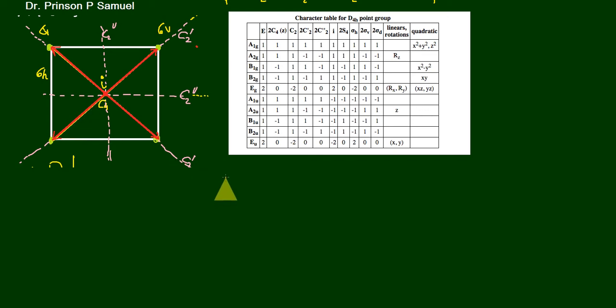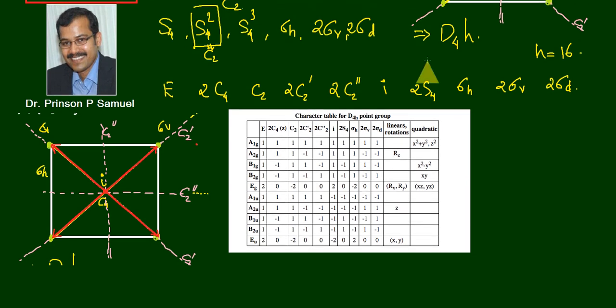So the total character can now be assigned depending upon checking how many of these vectors are retaining their position during each operation. I am going to write the total character here, belonging to each operation. The operations are already here.